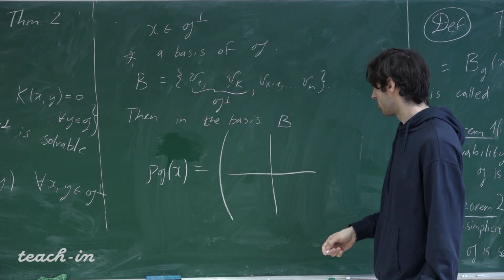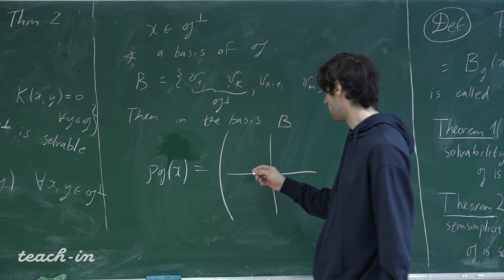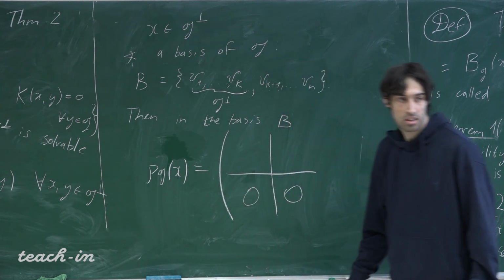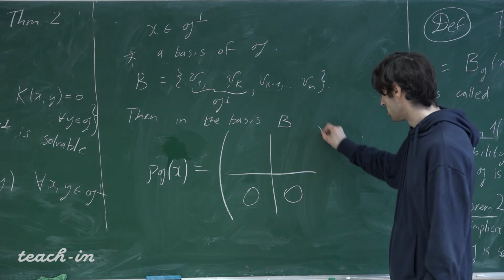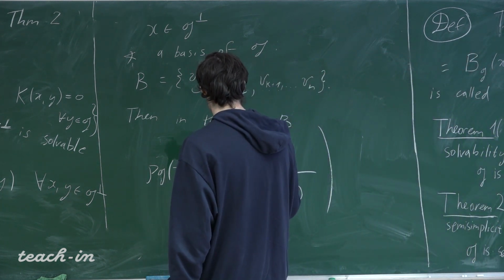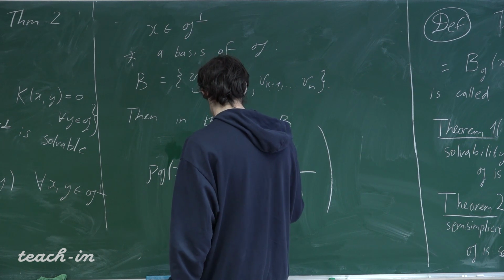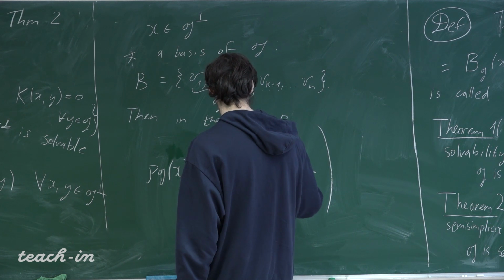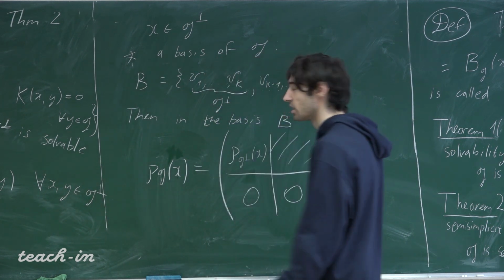And I claim now that I have zeros in here, and in here I will have rho of x restricted to G orthogonal, and something in here that I don't care about.